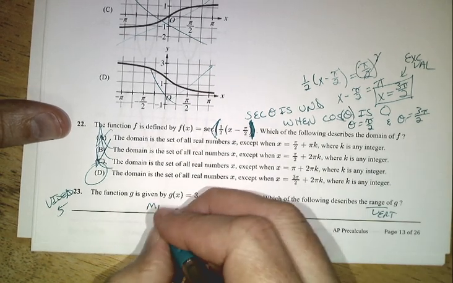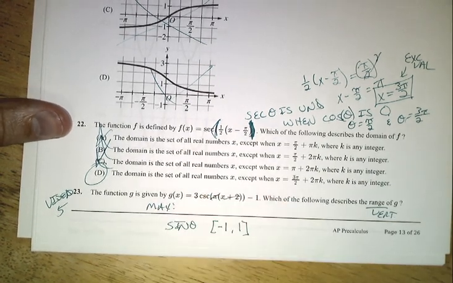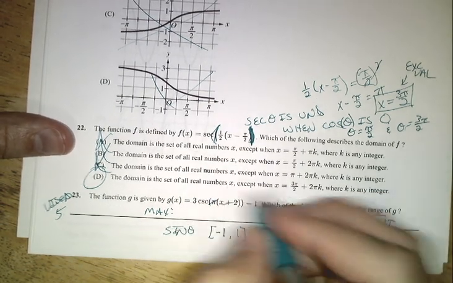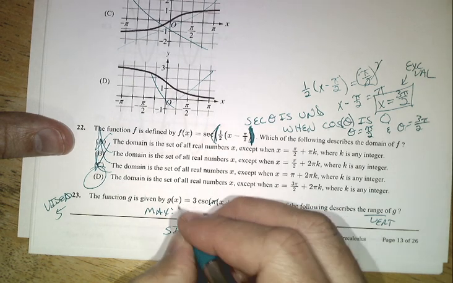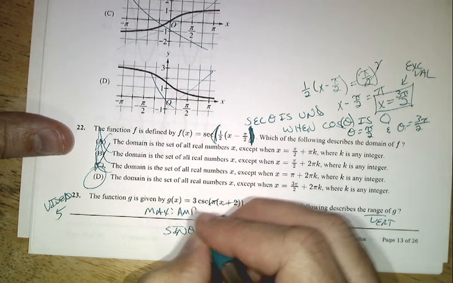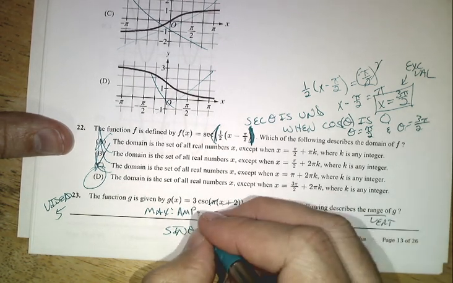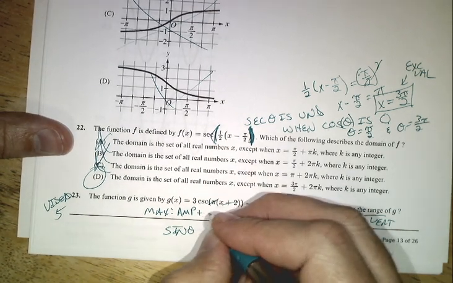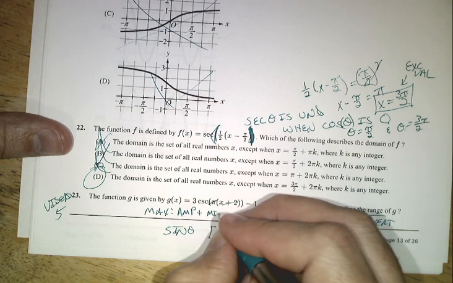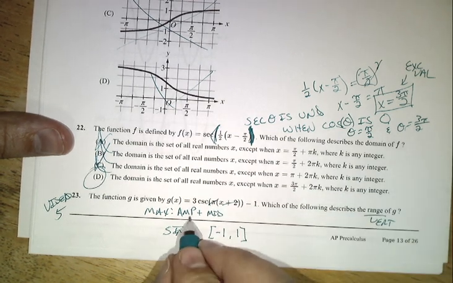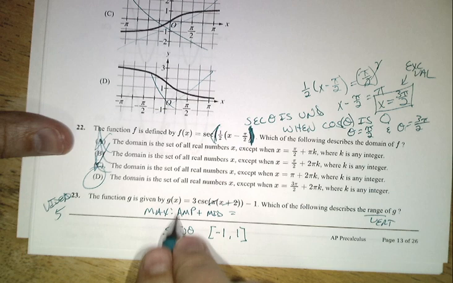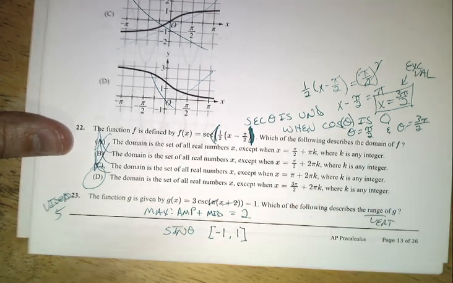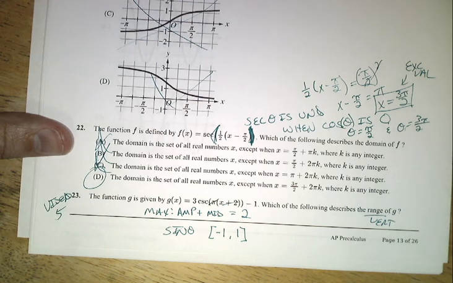The max, if you remember our rules, is the amplitude plus the midline, or plus the vertical shift. So in this case, the max is going to be 3 plus a -1. So our max should be 2.